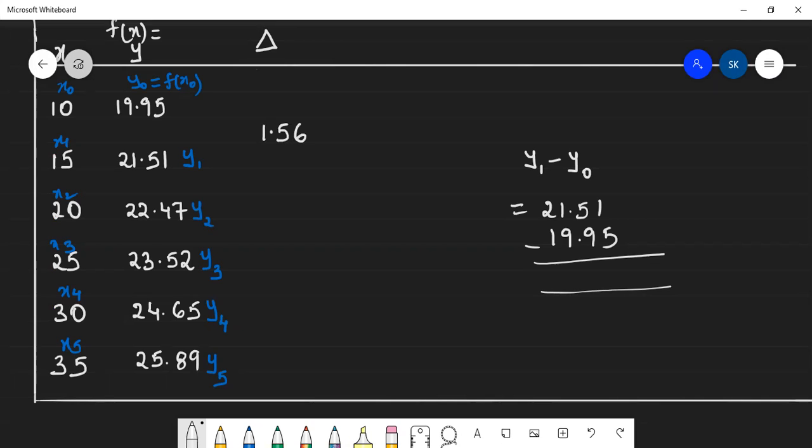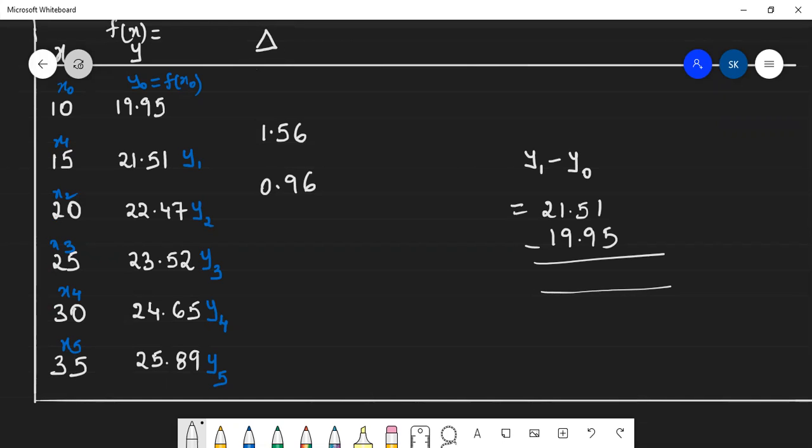Fine. Then next what should I do? I'll subtract 21.51 from the next value, y2 value, 22.47. I'll get 22.47 minus 21.51. Answer is 0.96. Next, y3 minus y2.